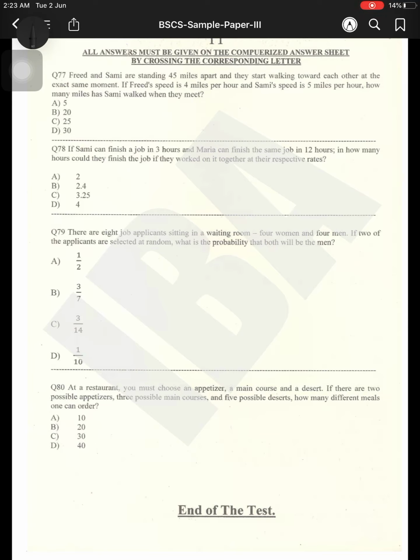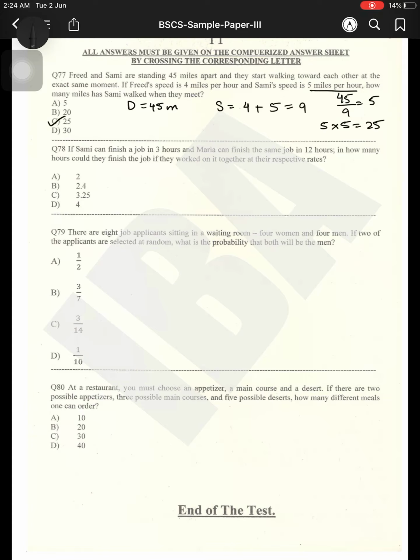In this next question he's saying Farid and Sami are standing 45 miles apart. So this is the distance, 45 miles. Farid's speed is 4 miles per hour, so 4 plus Sami's speed, that's 5, that is 9. How many miles has Sami walked when they met? So 45 divided by 9, which is 5.